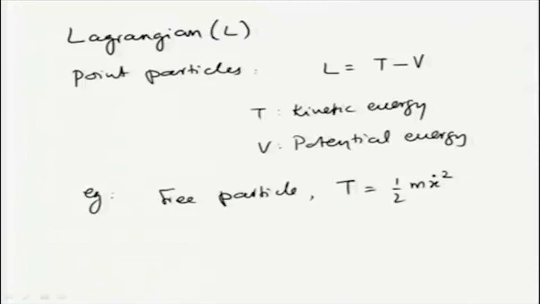If I consider for simplicity a one dimensional system, a particle moving in one dimension, then its velocity is the time derivative of the position coordinate, and kinetic energy is half m x dot square, and potential energy for a free particle is 0. That gives us the Lagrangian equal to half m x dot square.